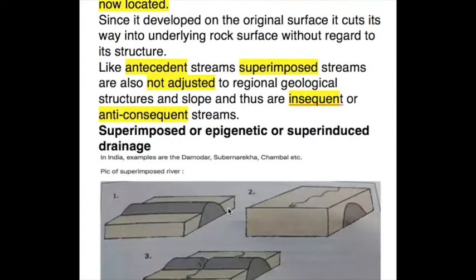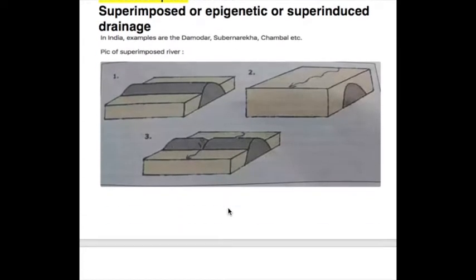Now understand the important terms from this diagram. What is superimposed? That is also called epigenetic or superinduced drainage. See, this is the first diagram. There was no stream flowing. Over a period of time, there will be some depositional feature.